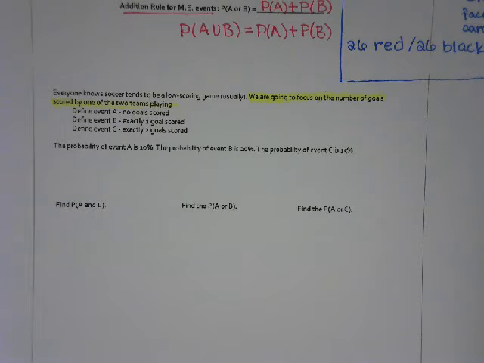Event B is exactly one goal is scored. Event C is exactly 2 goals are scored. So the probability of event A is 10%, event B is 20%, and event C is 15%. So what is the probability of A and B?